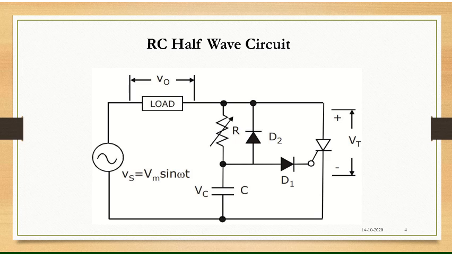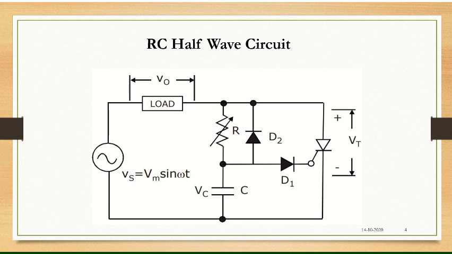So here is your AC input, the load connected here, and this circuit forms the triggering circuit. So there is R, there is C, then you have two diodes, diode D1 and D2, which will control the biasing. And here is your thyristor or the SCR.